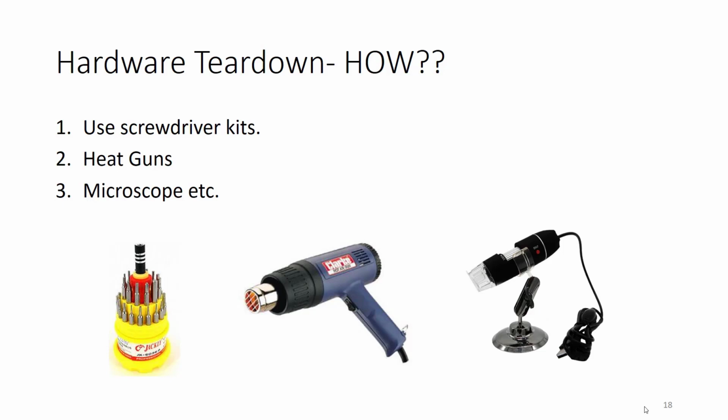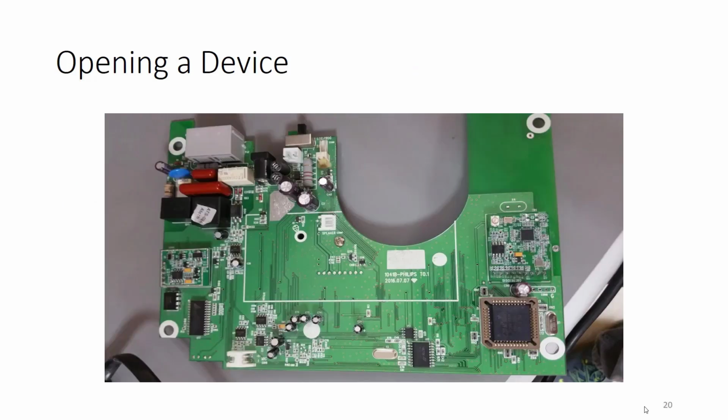Sometimes if the device is very tiny and small to open, we also need a microscope. So this is just a general list to open a device. We might need some other cutters or other tools. According to the device, we need to judge it and open the device.